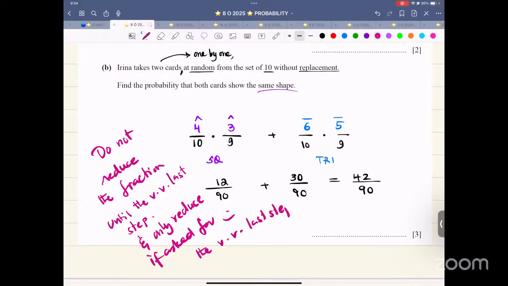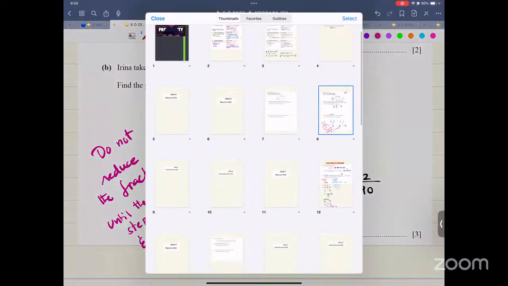Do not reduce in between. So that is a very, very important piece of information, instruction that you need to follow. So now these kind of things, just giving you some idea over here.